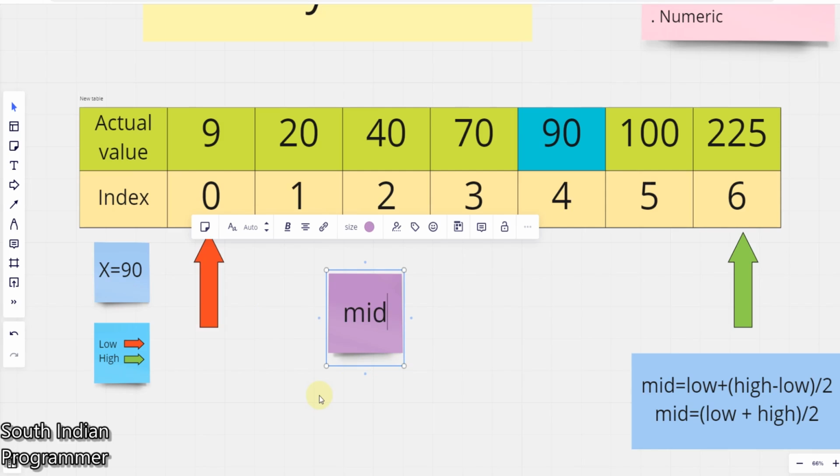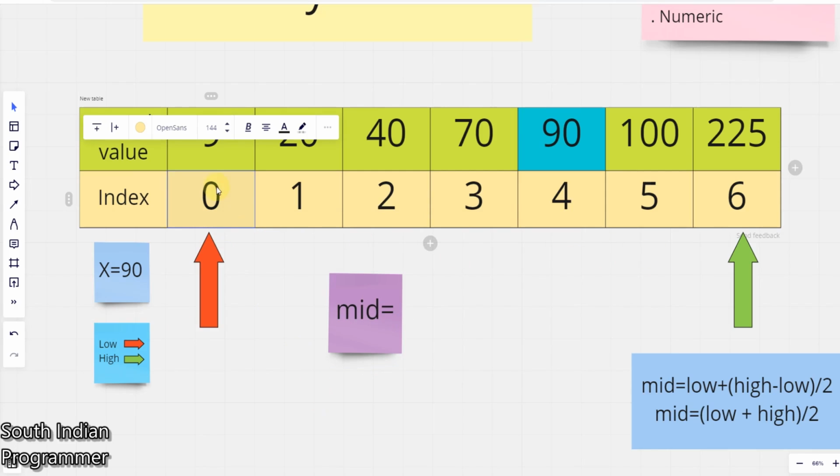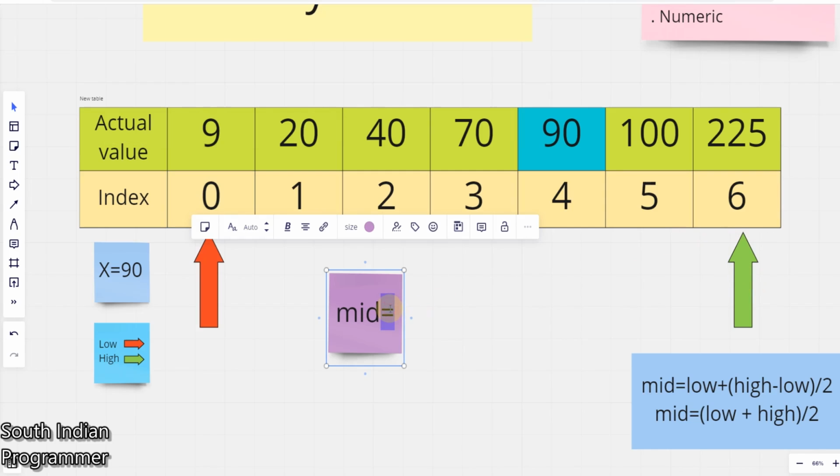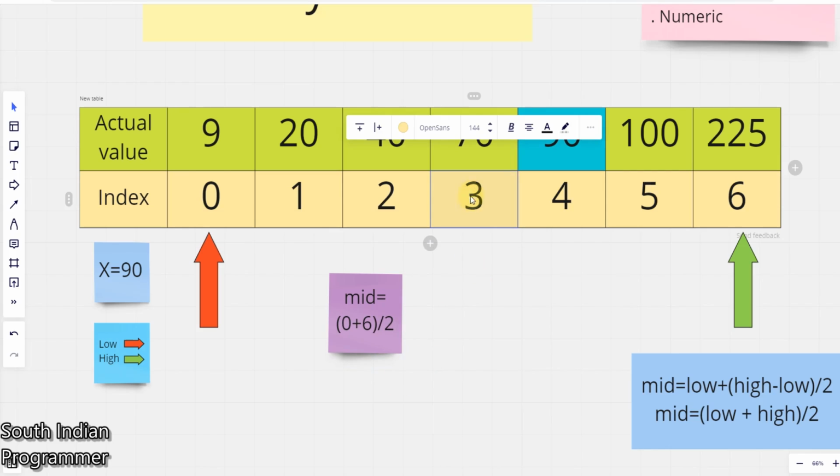So mid equals, now I'm picking this low. I have already initialized this one to 0, this one to 6. So 0 plus 6 divided by 2. So what the answer will be is 3.